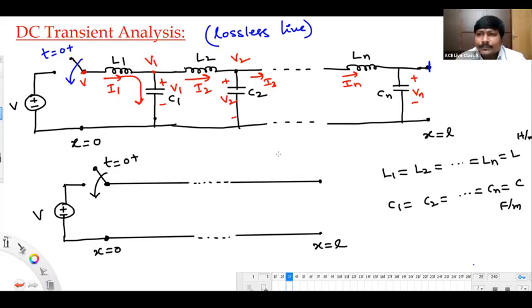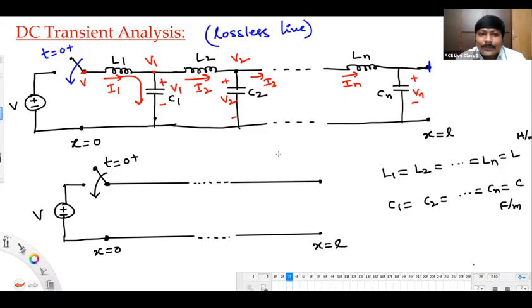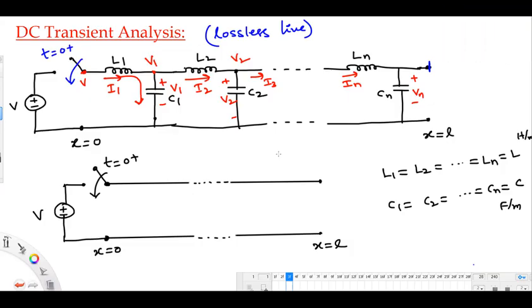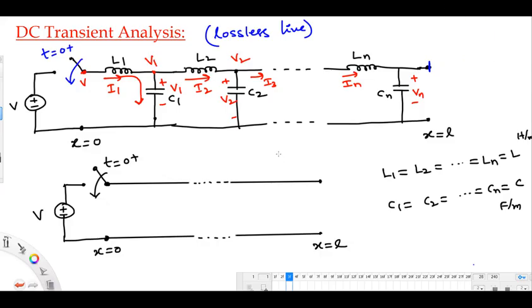Sir, as an initial condition, we have considered inductor acts as open circuit and capacitor acts as short circuit. But here in this diagram, inductor is acting as short circuit. Why? Where have I written short circuit for inductor? According to this diagram, this lossless line, we have taken. You show me L and C in this way, series inductance.